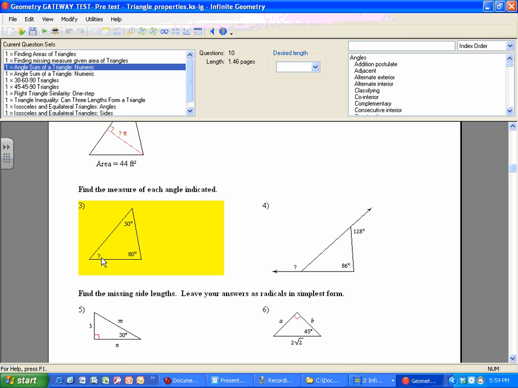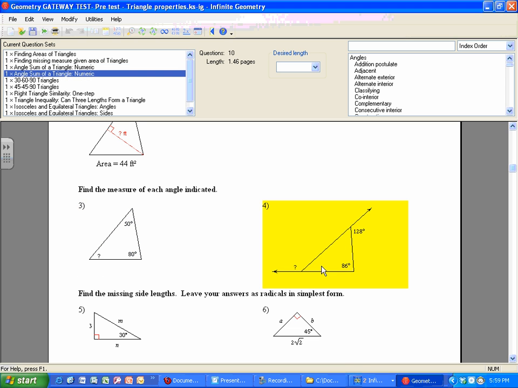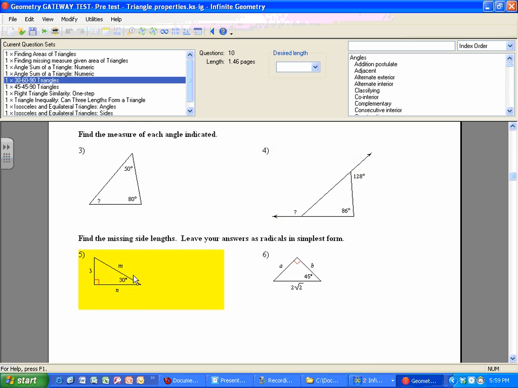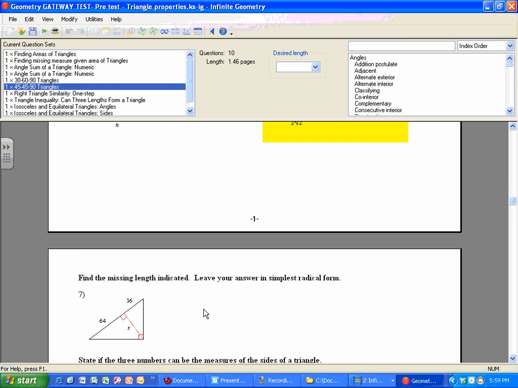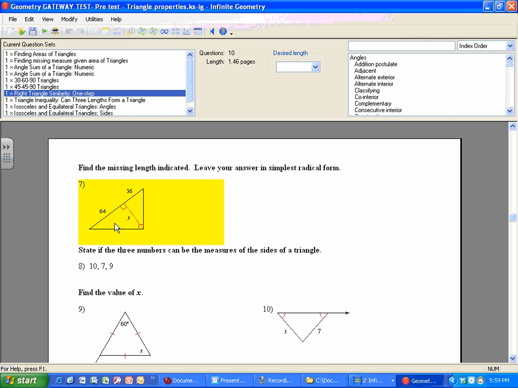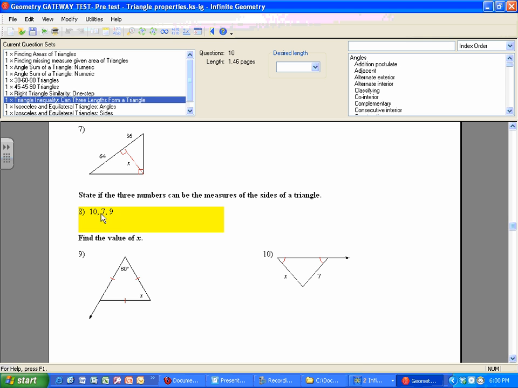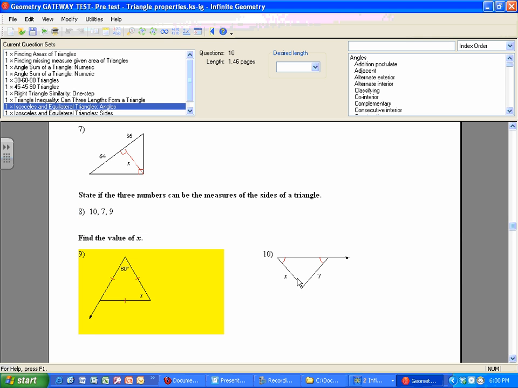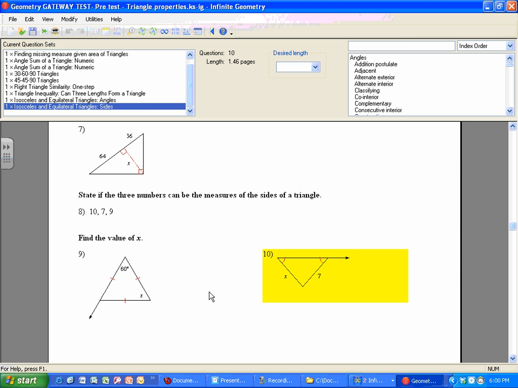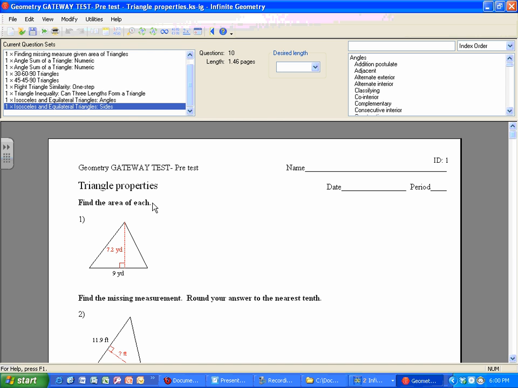If I'm given 50 and 80, what would be the third side? This one does the same thing, just excluding exterior angles. This is the special right triangles. And you get the idea. Pythagorean theorem, multi-step Pythagorean theorem, does it work? And equilateral and isosceles triangles. So all these different properties of triangles I thought would be a good thing I could maybe use in the second or third 9 weeks, depending.